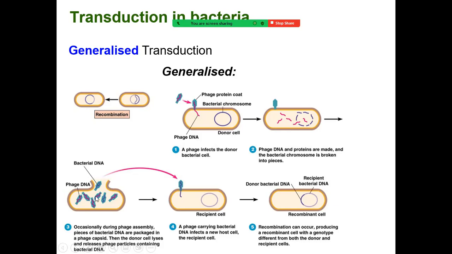And when this cell bursts, it will release the newly replicated viruses, and they will go on and attach to another bacteria cell, doing the same thing they did up here. Any question about that part?